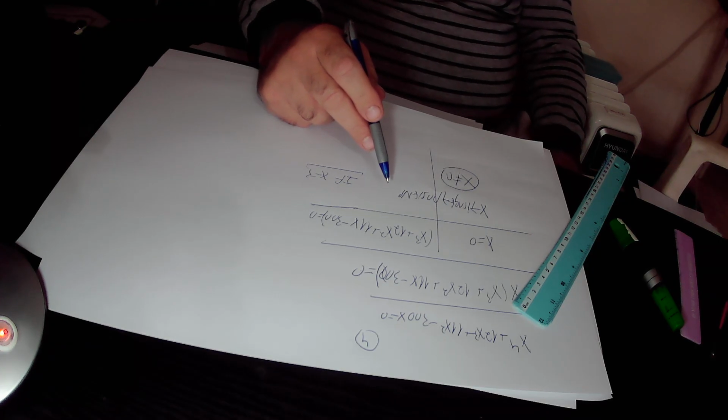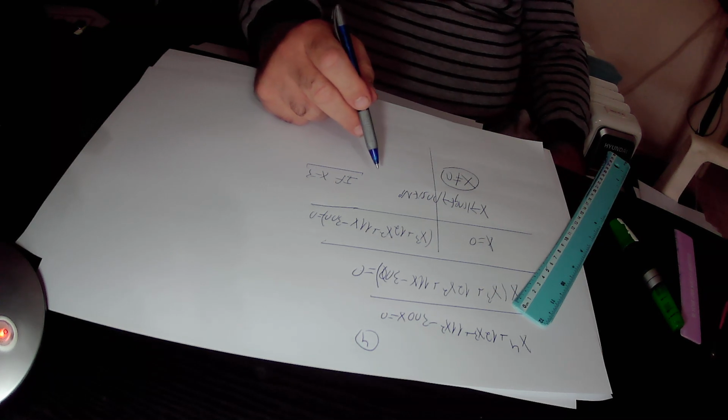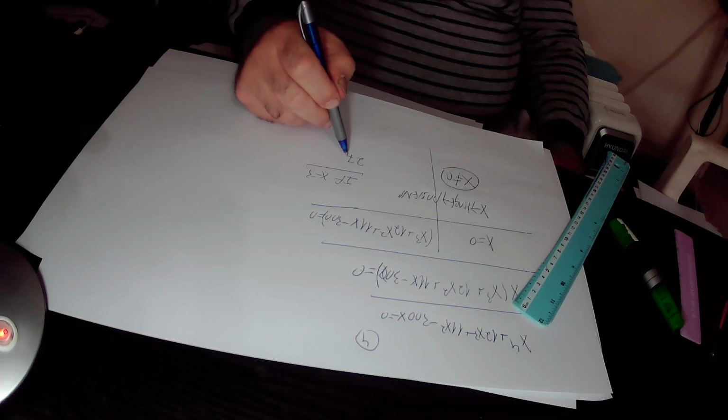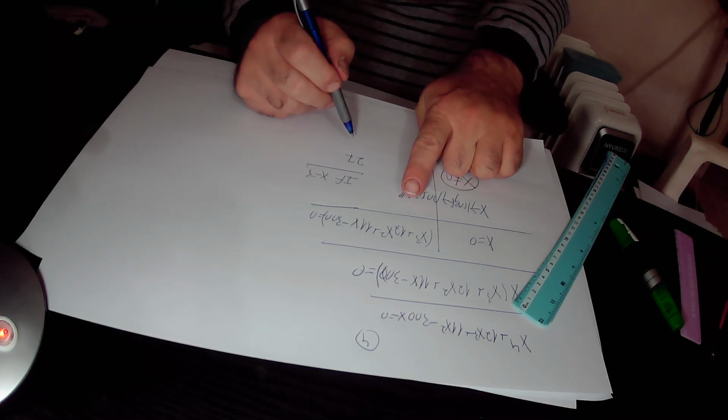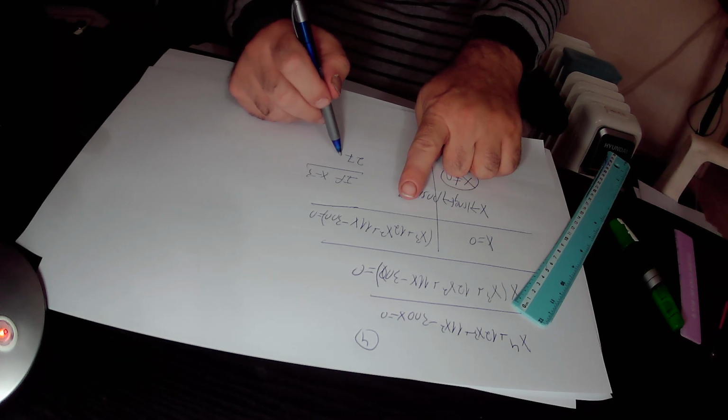If x is 3, then x cubed is 3 to the power of 3, that is 27, plus 12x squared. x is 3, so x squared is 3 squared, that is 9. 9 times 12 is 108.